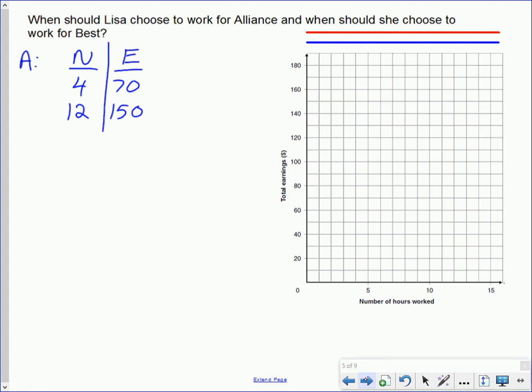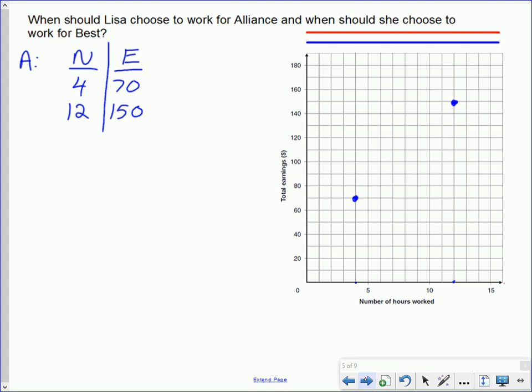So we can draw the line based just on those two data points. When the number of hours is 4, earnings were 70, right there. When the number of hours is 12, over here, earnings is 150, right there.